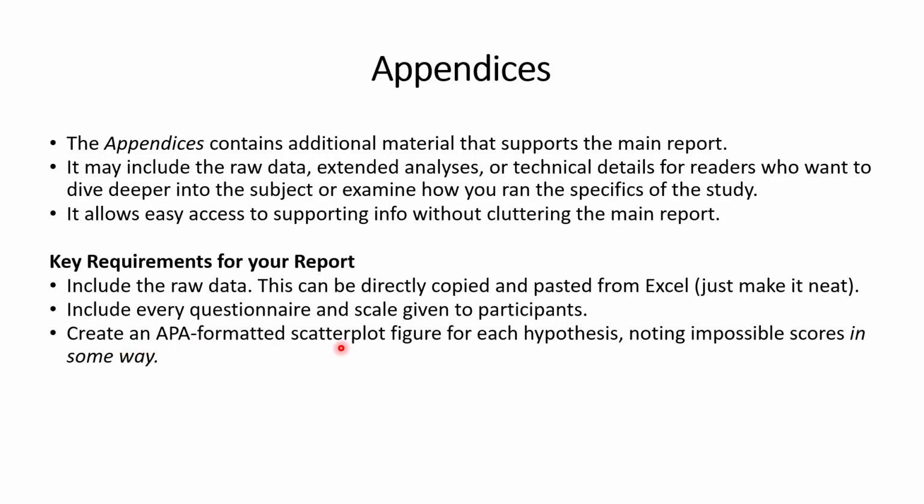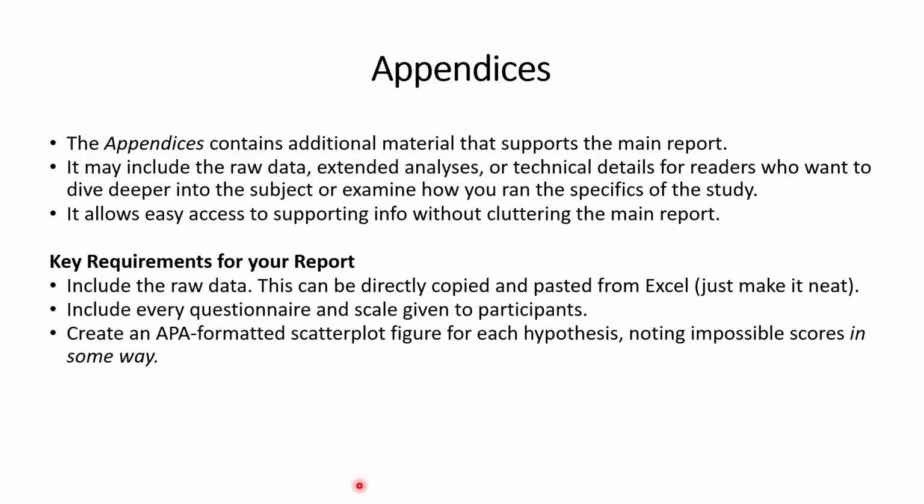Create an APA formatted scatterplot figure for each hypothesis, noting impossible scores. This is critical. Typically in APA formatted figures, we have the figure number, the figure title, the figure itself, and then underneath a little note to give a bit more information about the figure to the reader.